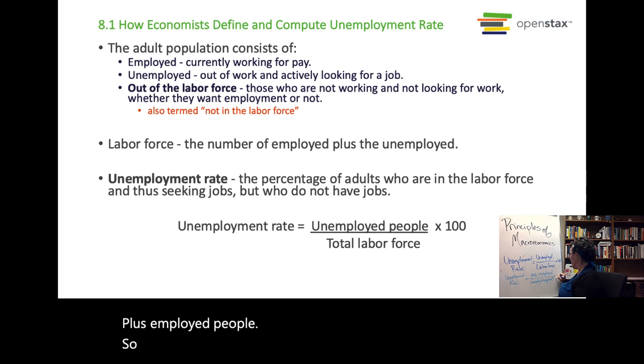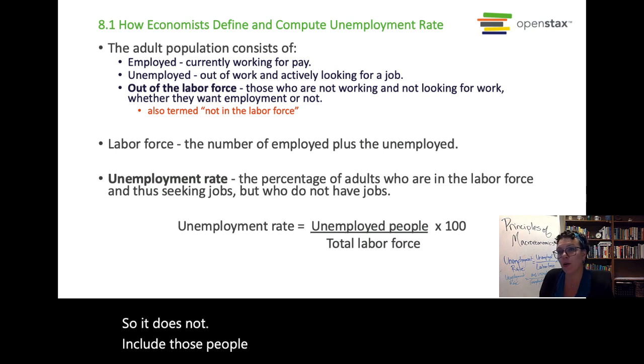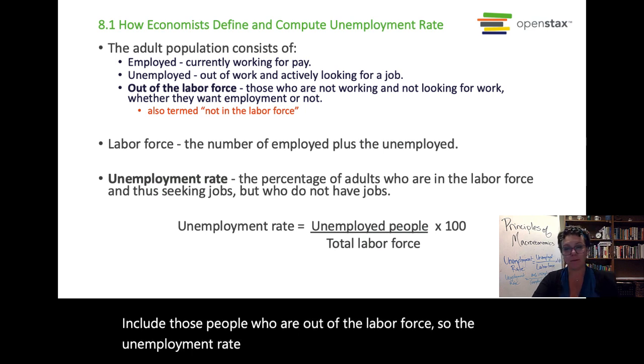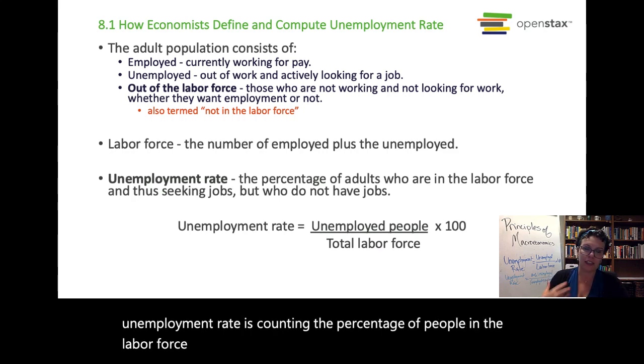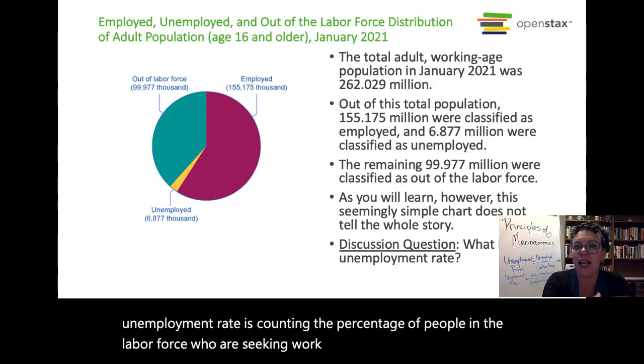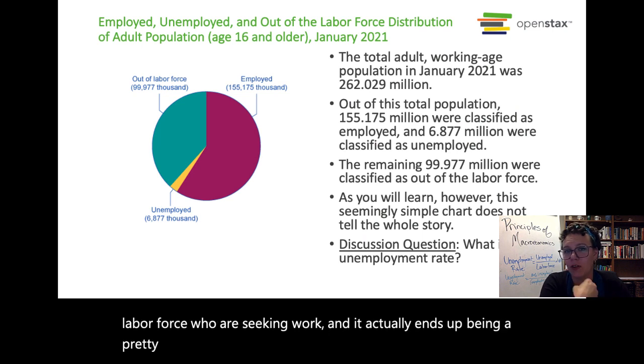So it does not include those people who are out of the labor force. So the unemployment rate is counting the percentage of people in the labor force who are seeking work. And it actually ends up being a pretty small portion of our labor force.